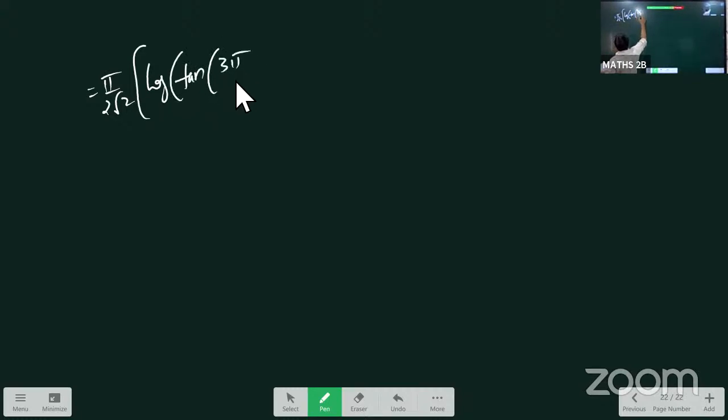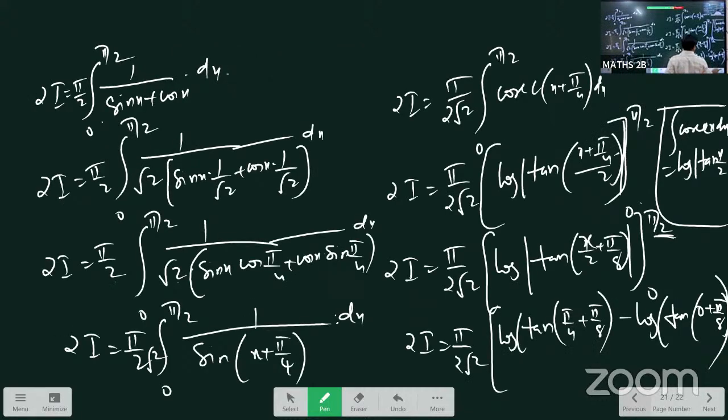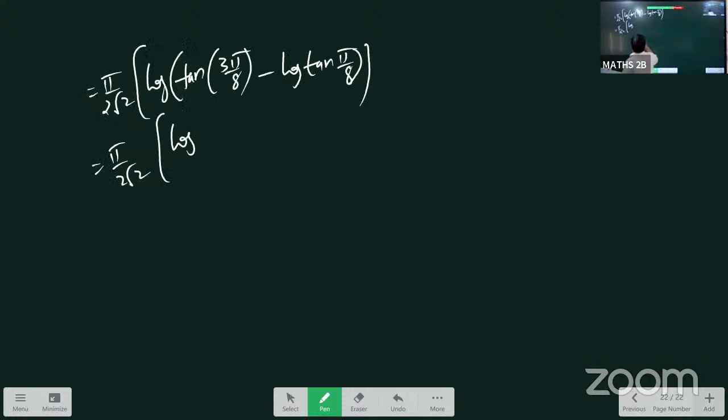This is 3 pi by 8. So that is pi by 2 root 2 into log of tan 3 pi by 8 minus log of tan pi by 8. This is log m minus log n, and that only we got now: log m minus log n is log m by n. That is nothing but log of tan 3 pi by 8 over tan pi by 8.